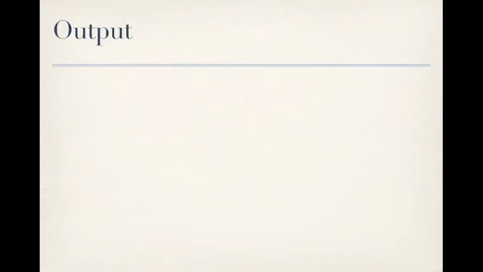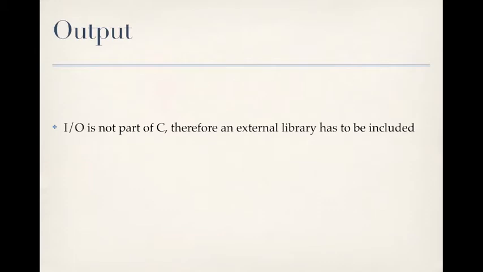So then go to output. You have seen it already. We were able to write something into the terminal via printf. So we look into this again. Of course, I/O is not part of C, so we need this external library, standard I/O.